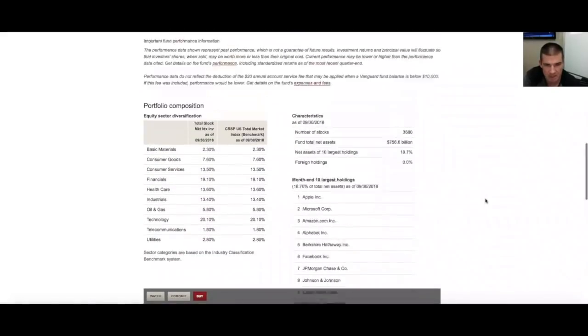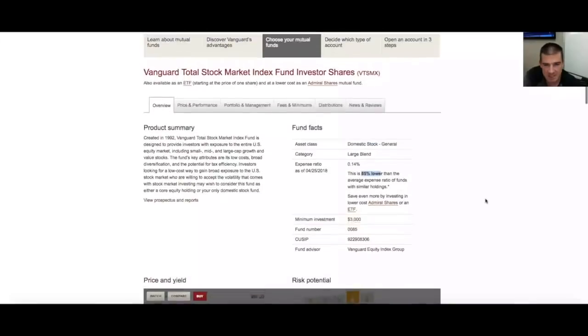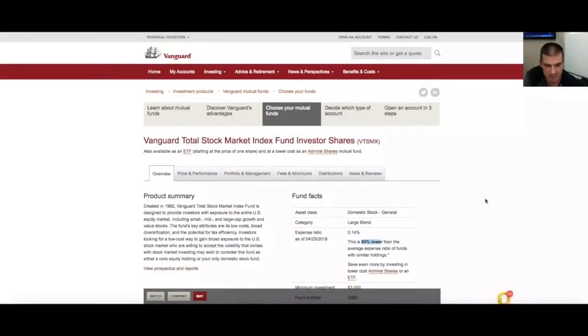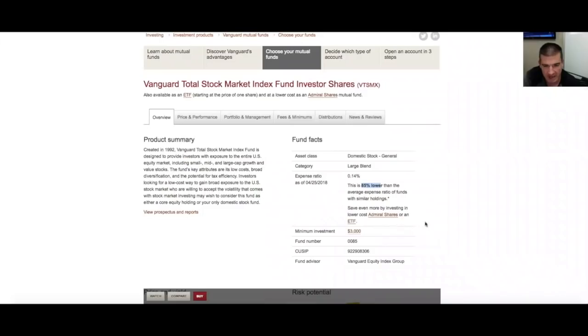So what Vanguard has done basically is they've taken a fund and they've taken those holdings and they've morphed those holdings into different product offerings through the Admiral shares and through the ETF and through the investor shares, of which you're looking at now.